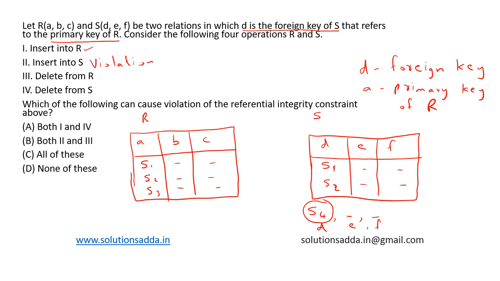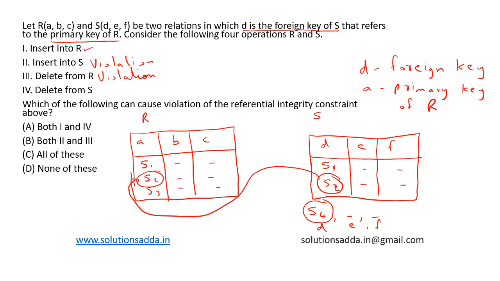Next, deleting from R. When we delete a value from R, this can also cause a violation of the referential integrity constraint, because suppose we are deleting S2, and this D is referring to this S2. So this is also a violation.